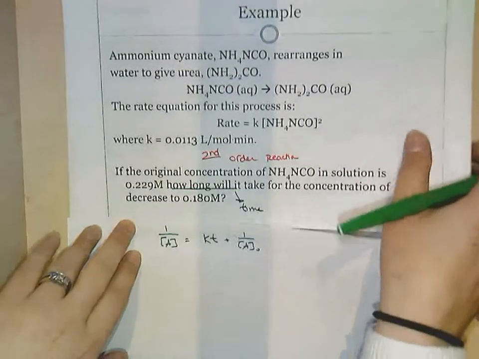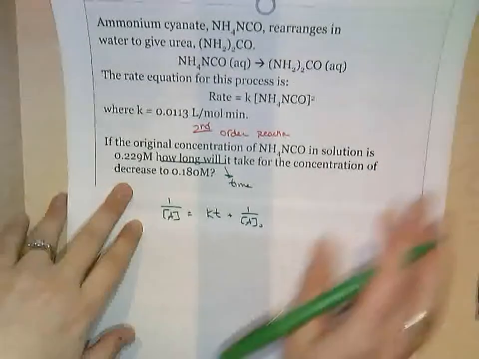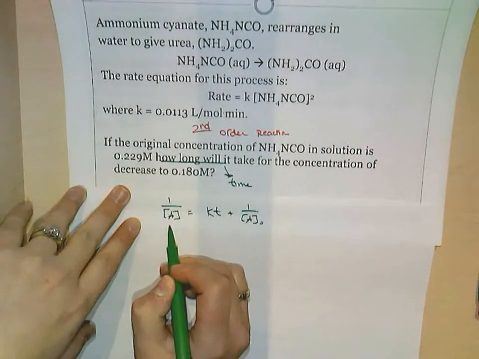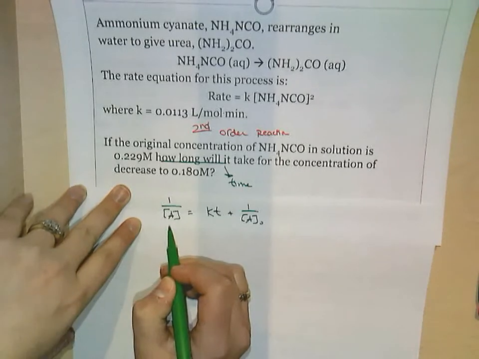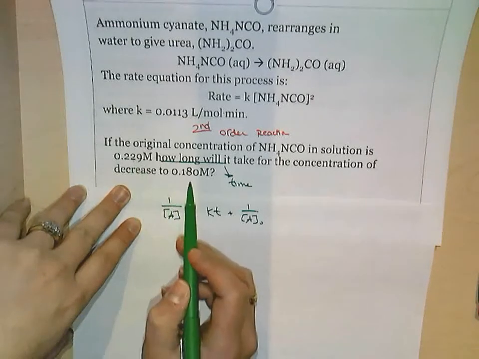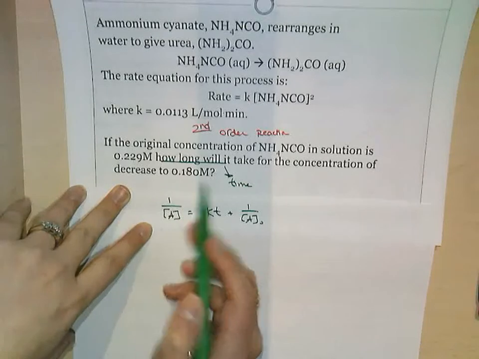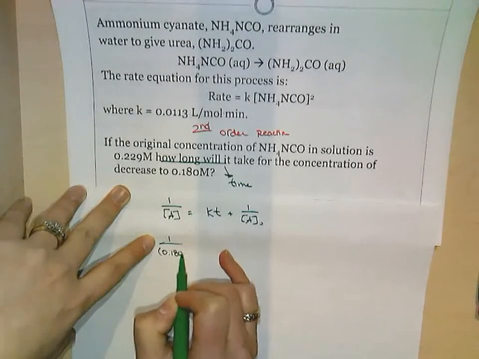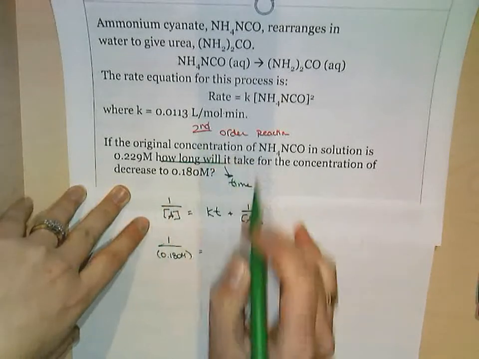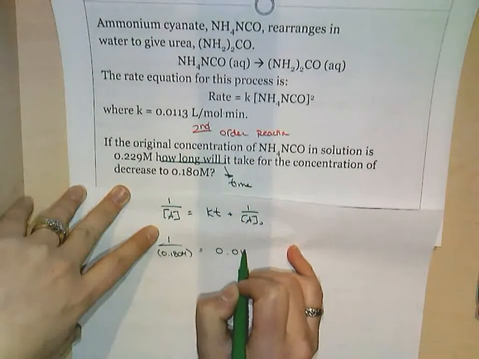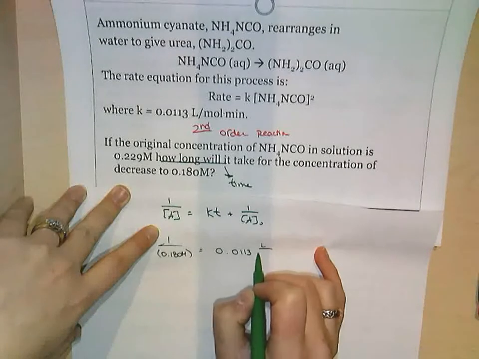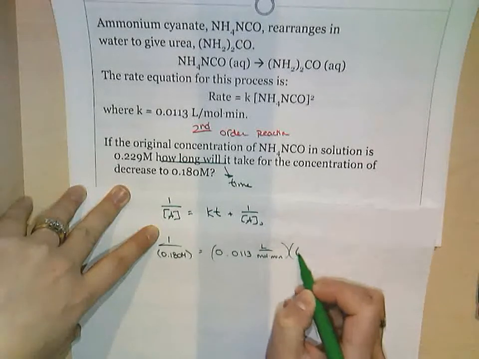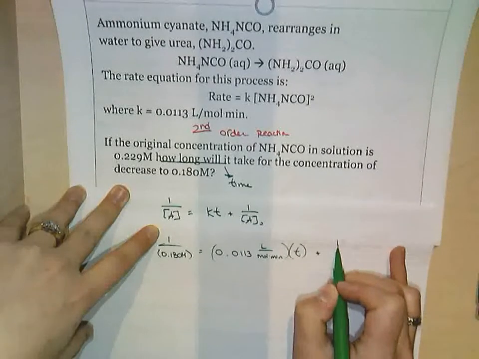So from this problem, what is the A that will plug into the Y part of the equation? Is it this number or that number? This one, right? And they gave us K. We're looking for T. 1 over the other concentration.